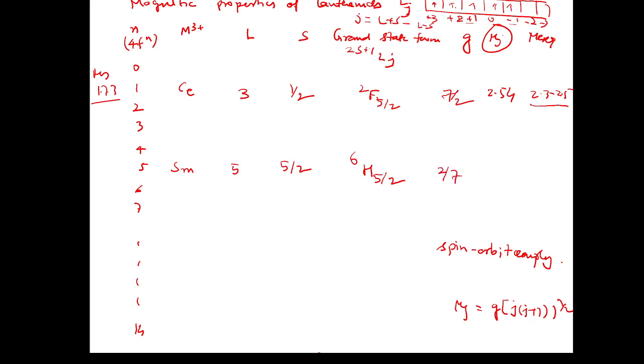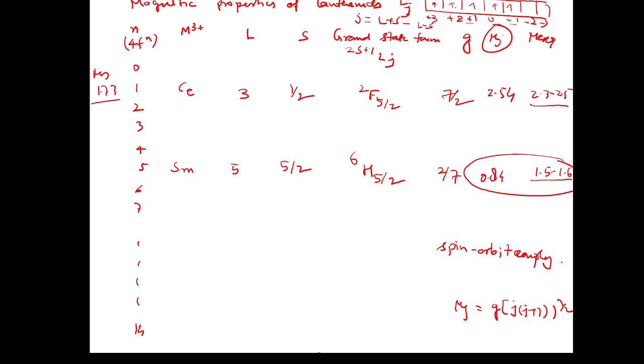And if we calculate the mu J, sorry, this is 0.84, but we are getting the value 1.5 to 1.6. So the question is, why is there a large deviation?